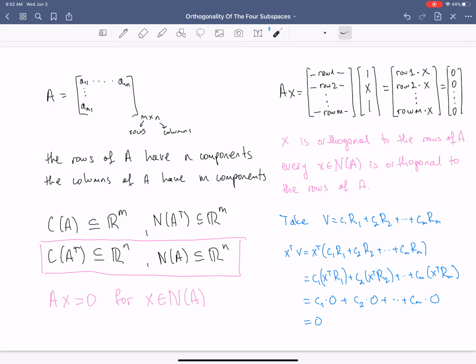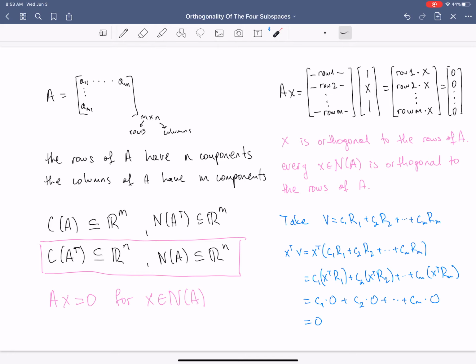Now, the same is true for the column space and the left null space. And here we see this notation that we use with the transpose. When I say row space, I'm actually talking about the column space of A transpose.